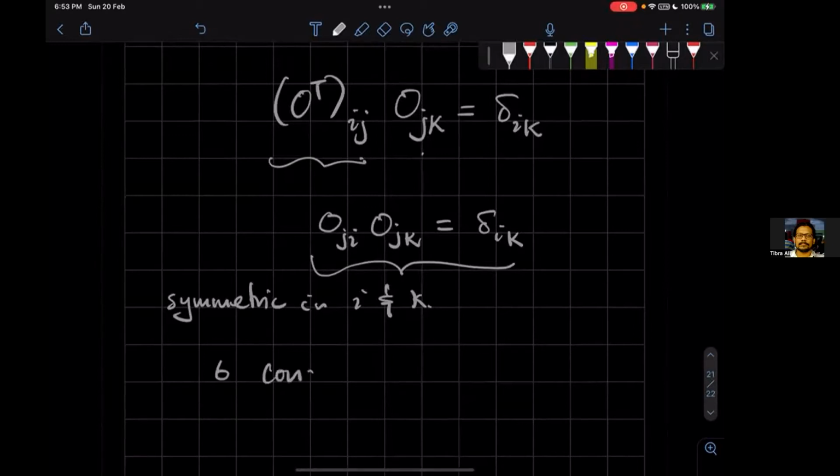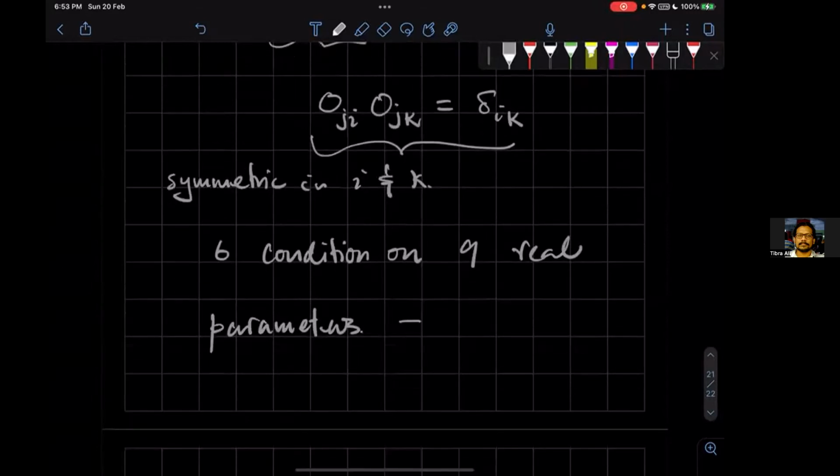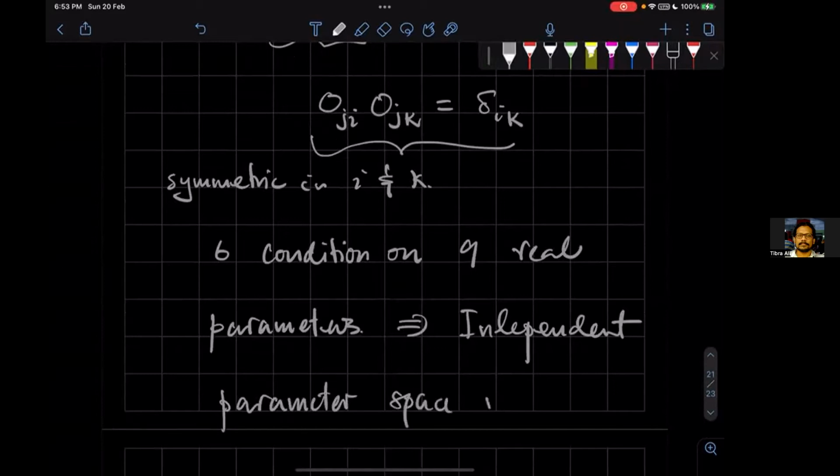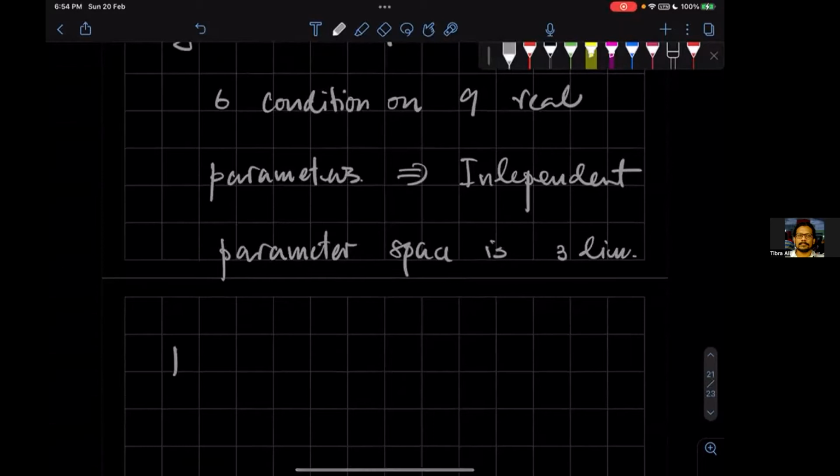So there are 6 conditions on 9 real continuous parameters, right? That means that the independent parameter space is 3-dimensional. Okay, and this is called the dimension of the group.